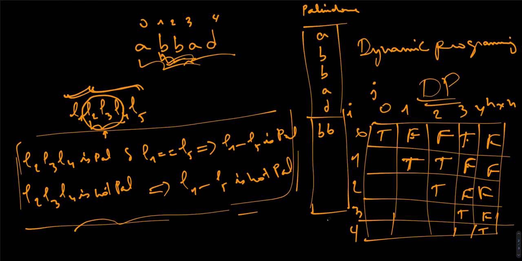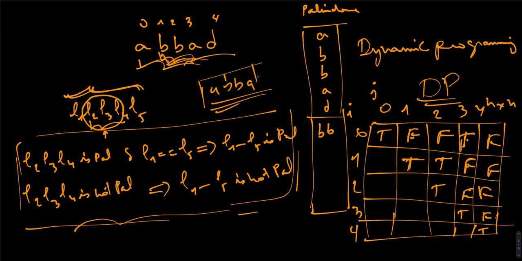Or we could have just looked through this array and checked where it's true and the difference between I and G is the biggest. So the difference between I and G is the biggest, and it's true. So this one, 3 minus 0 is 3, so 0, 3. So the answer is going to be A, B, B, A.